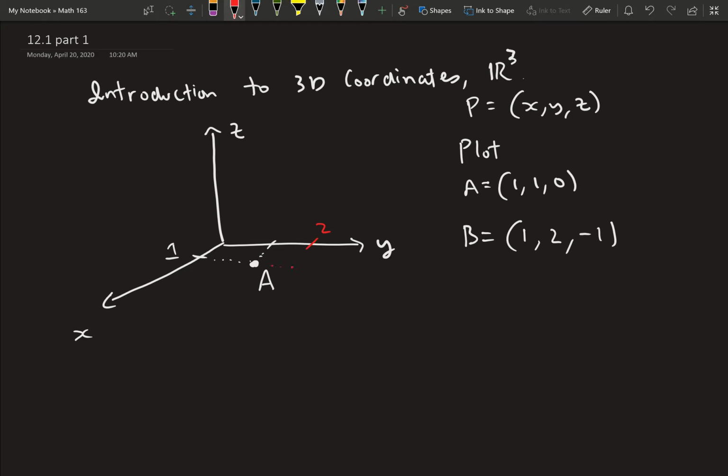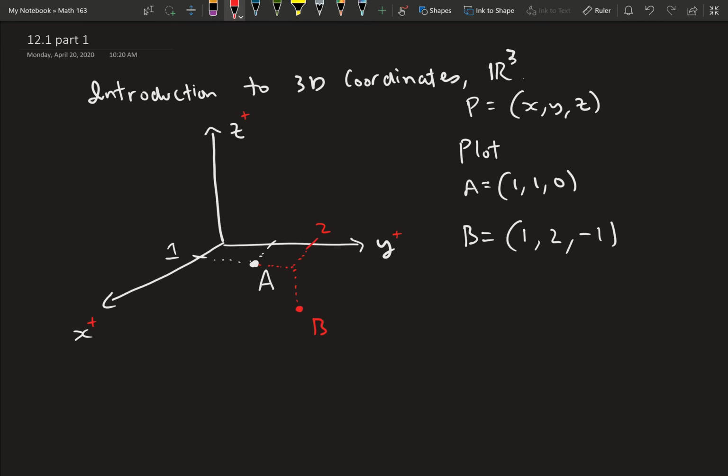So we'd end up over here, and then we'd have to travel downward, because these are all the positive directions. This is x positive, this is y positive, this is z positive. So we travel down to the point B, where B is the point (1, 2, -1).